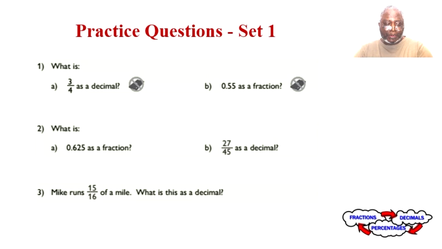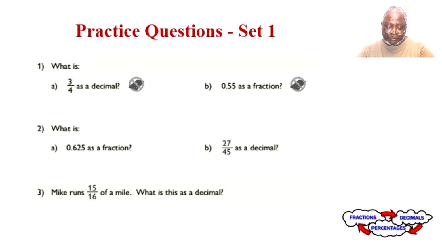Practice question set 1. Question 1a: What is 3/4 as a decimal? B: 0.55 as a fraction. Try to do them without using your calculators, please. Question 2: What is A, 0.625 as a fraction?